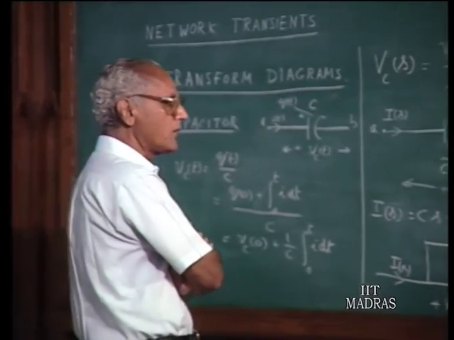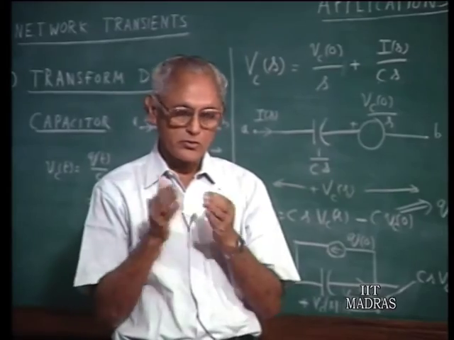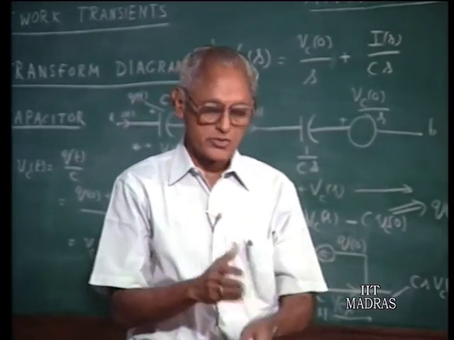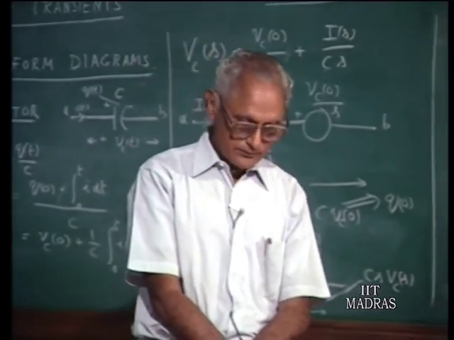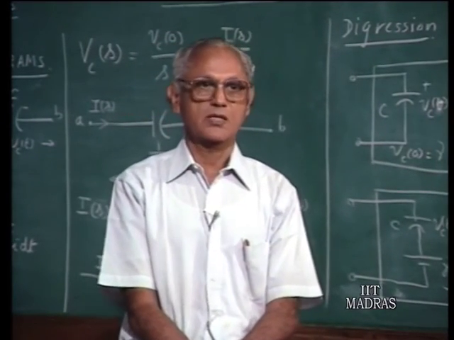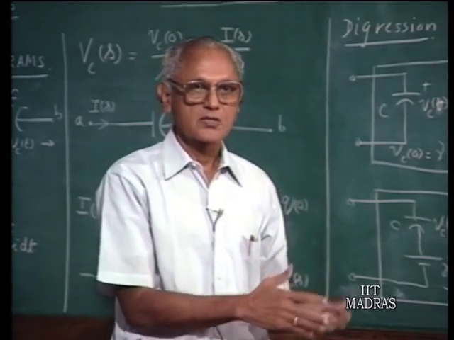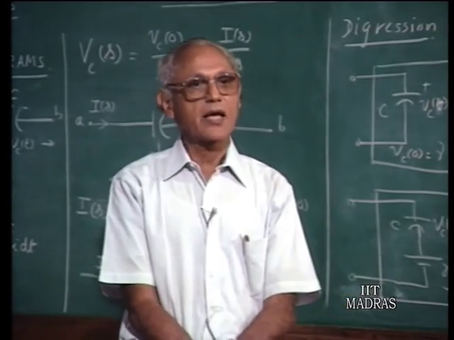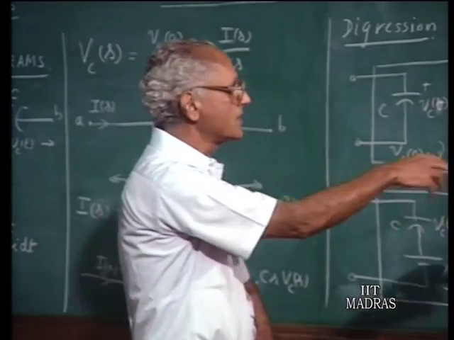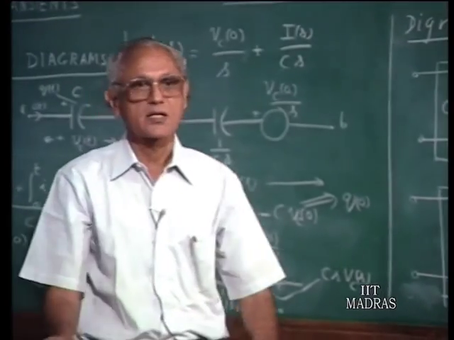If you want to find out the system behavior starting from 0 minus onwards, then you have to use all the initial conditions pertaining to 0 minus. On the other hand, if you are satisfied with the determination of the network response starting from 0 plus onwards, you can substitute 0 plus conditions and carry out the analysis. So in all these conditions, I0, Vc0 and so on can be either 0 plus or 0 minus consistently right through.